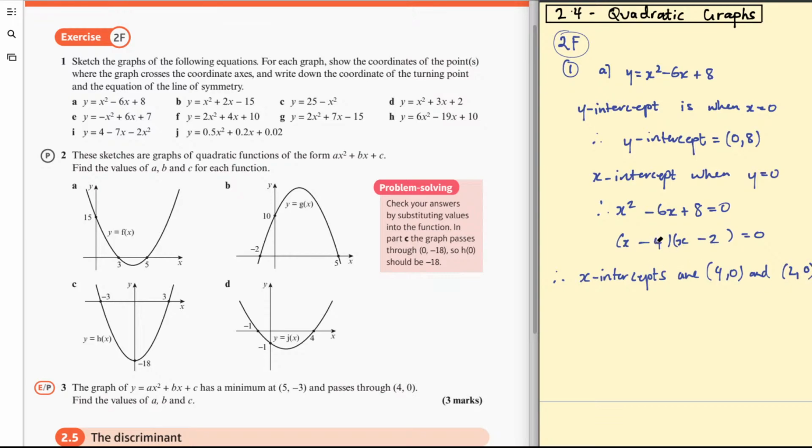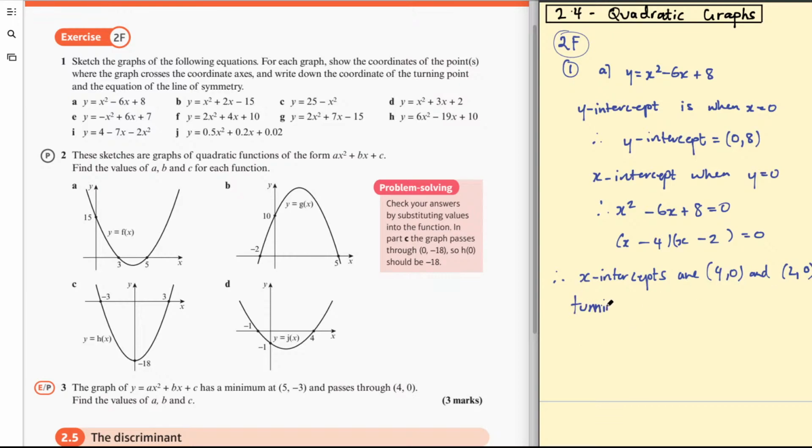Because the solutions for x here are 4 and 2, so these are my x-intercepts. Then we need the turning point. Now, because this example makes it fairly easy to find the midpoint, I'm just going to say the turning point is the midpoint of these.